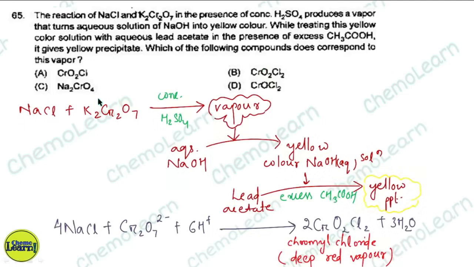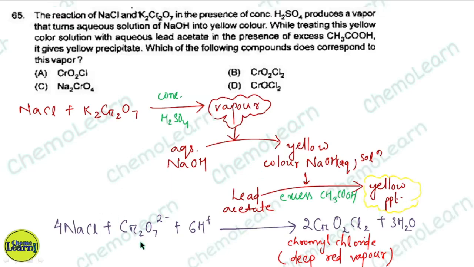Here we have NaCl and K2Cr2O7 in presence of concentrated H2SO4, which will produce a vapor, and this vapor upon passing into aqueous NaOH solution turns it yellow. Again, when treated with lead acetate solution and excess CH3COOH, it will produce a yellow precipitate. So what is this vapor?